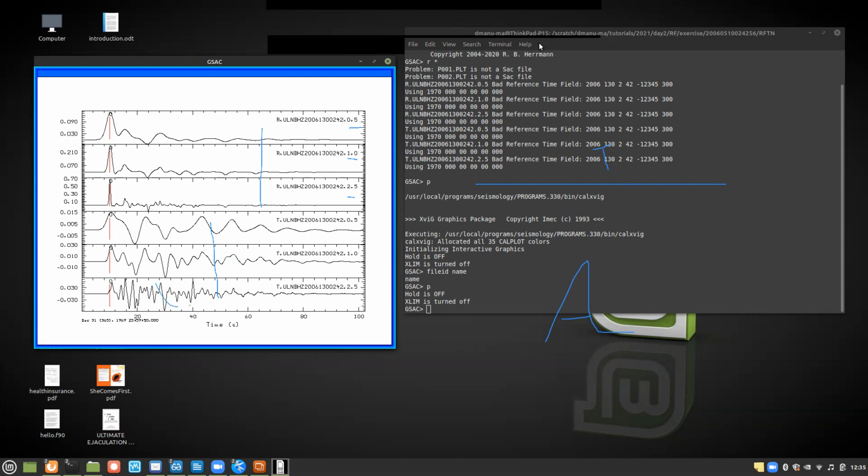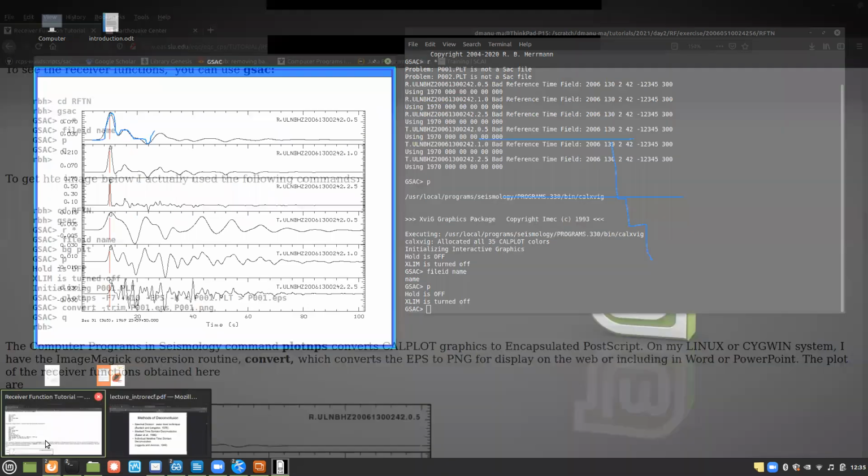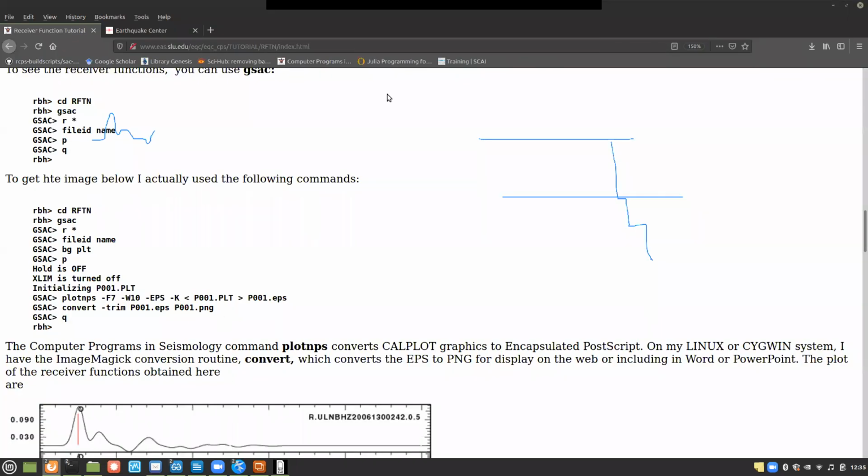Okay, now what's the goal here? The goal is to use this as your data and try to find a structure that can reproduce these receiver functions. This is how you retrieve your velocity. So all this is some initial pre-processing.